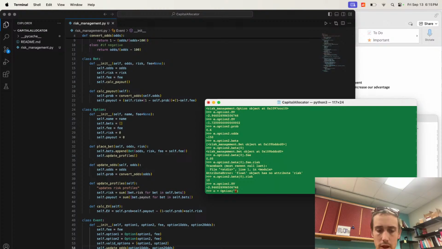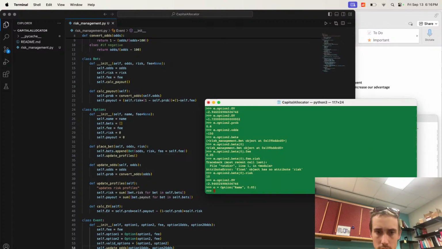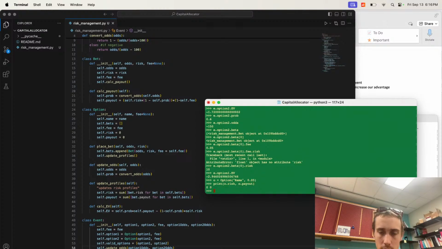So, all right, let's say O is equal to option. The name will be Rams, and fee is 0.05. O dot place. All right, so we're gonna place a bet.